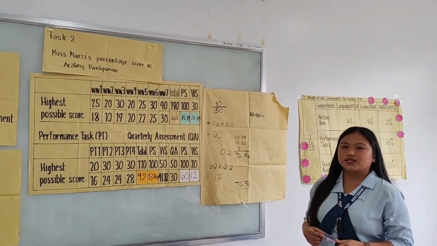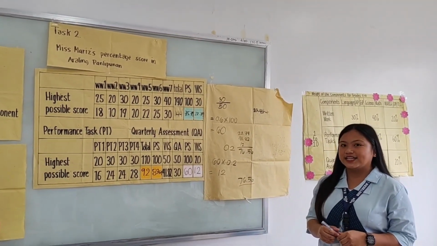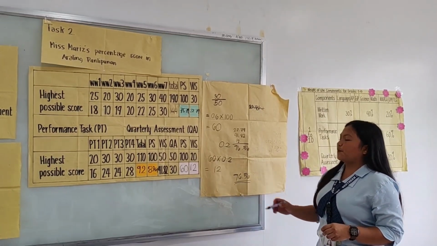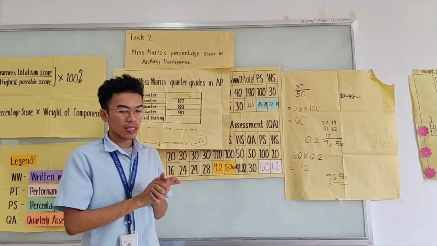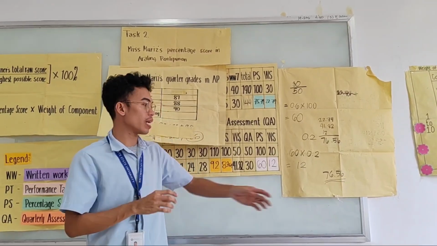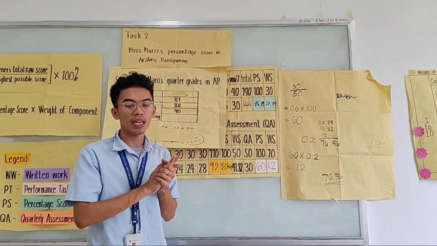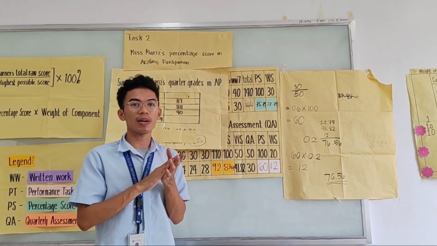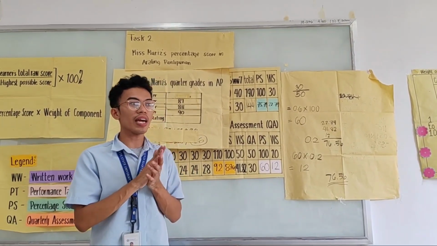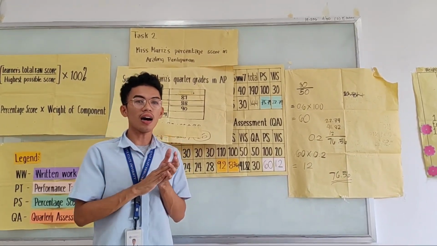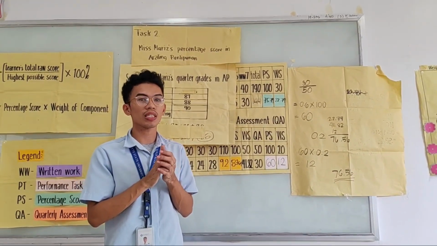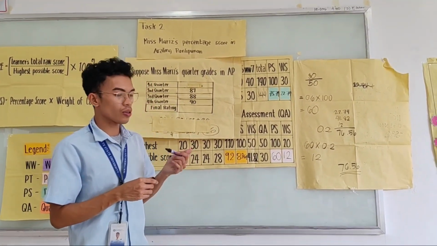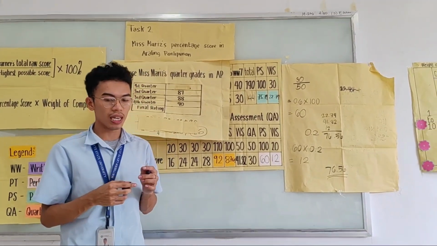So we already have completed the table, and we conclude that Miss Marie's initial grade is 76.56. This initial grade will be transmuted using the transmutation table provided by the Department of Education. The grade that we need to put in the card of the student is the transmuted grade.